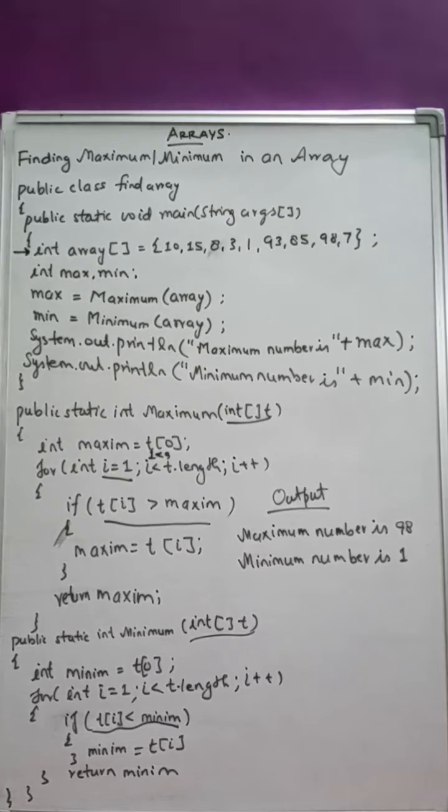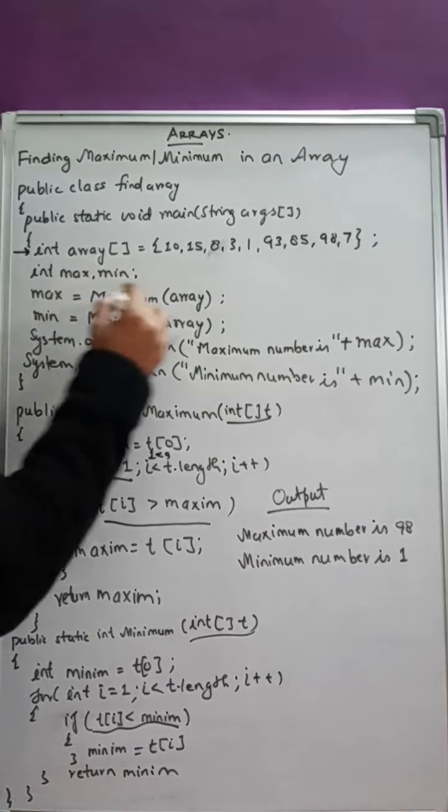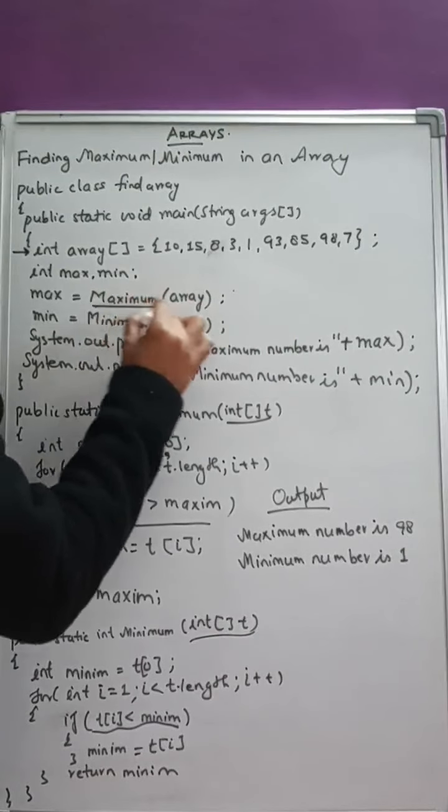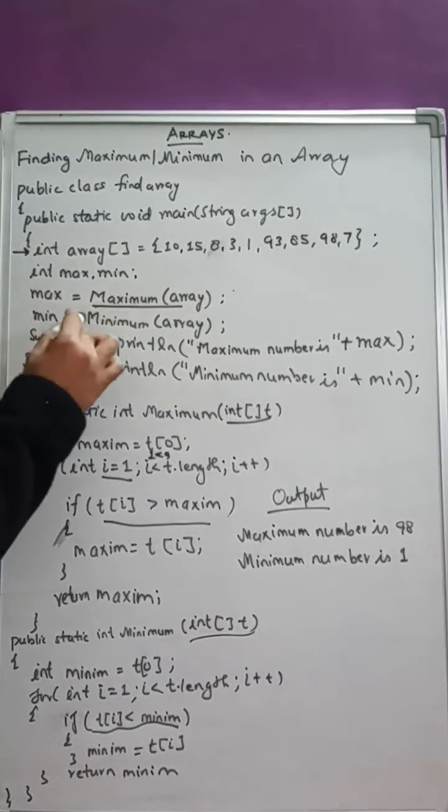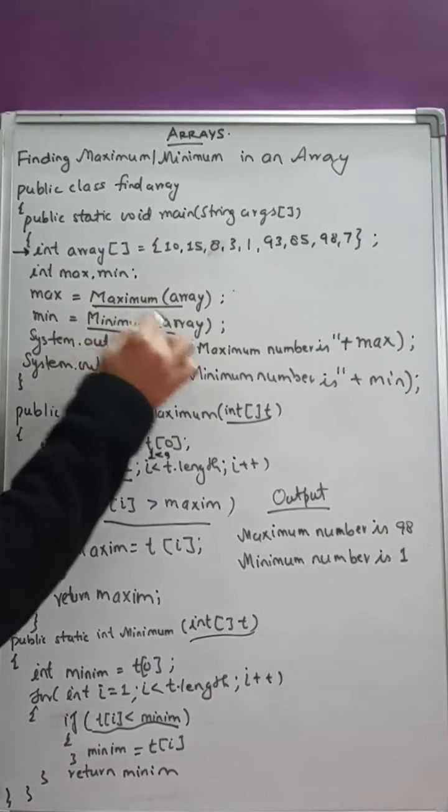So this is the array we have declared, and then we have taken two variables over here, that is max and min. In max we have called the function maximum array, and in min we have called the function minimum array.